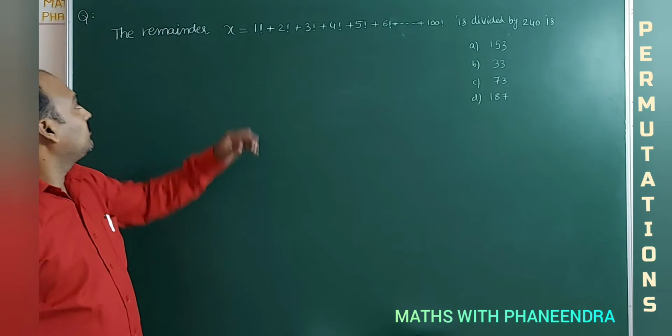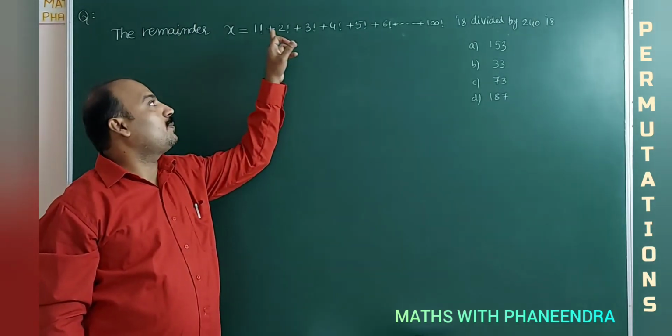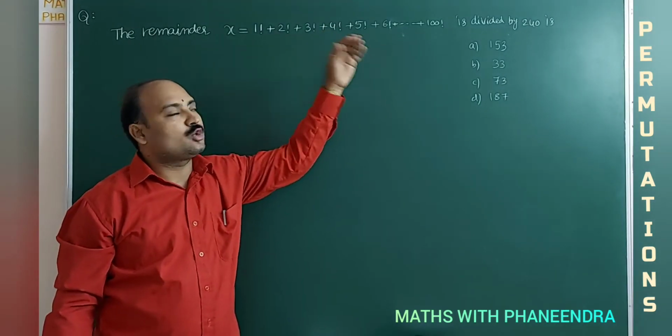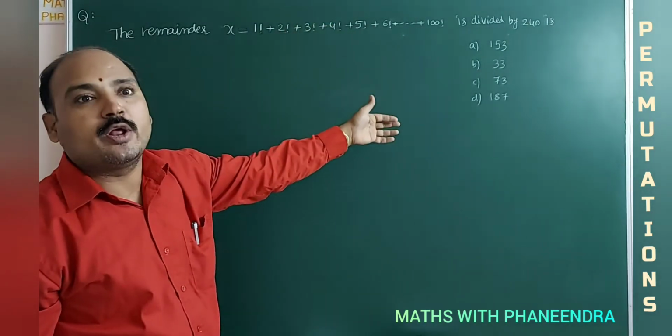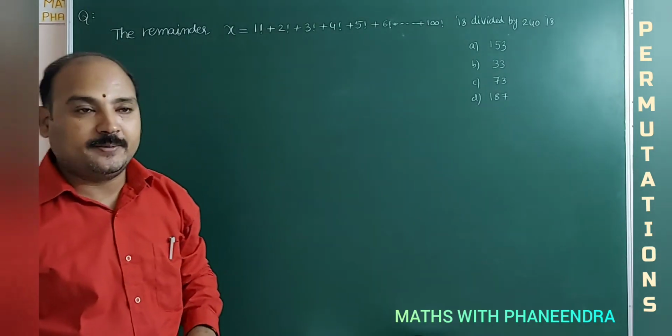The next question. The remainder when x equal to 1 factorial plus 2 factorial plus 3 factorial plus 4 factorial plus 5 factorial plus 6 factorial and so on up to 100 factorial is divided by 240.